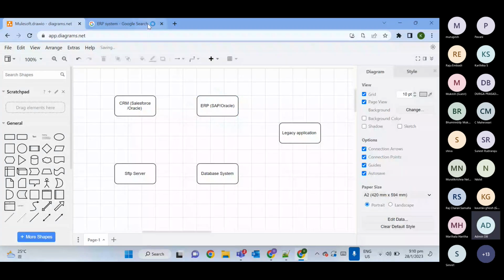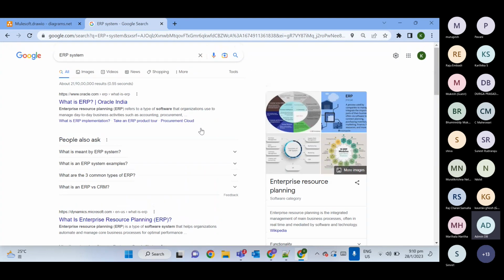So what exactly does an ERP system do? It provides you one system where you can easily do your resource planning. Let's say you are part of a retail domain project. In a retail company there will be lots of employees, with a few people in the HR department, a few in the store department, and a few in marketing.